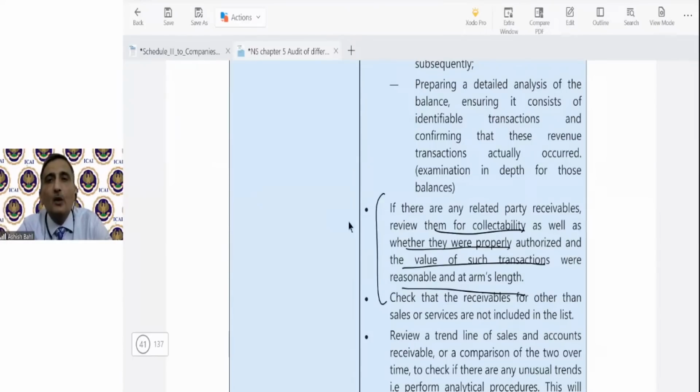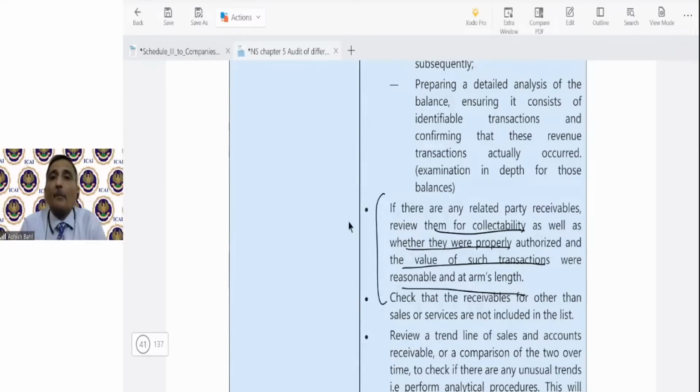at proper value, at arm's length, and whether the money has been collected. So अगर रिलेटेड पार्टी के साथ सेल की ट्रांजैक्शन उसी टर्म्स पे हो रही है जो कि किसी थर्ड पार्टी के साथ है, then it is perfectly fine, then it is okay, and the money is also coming.